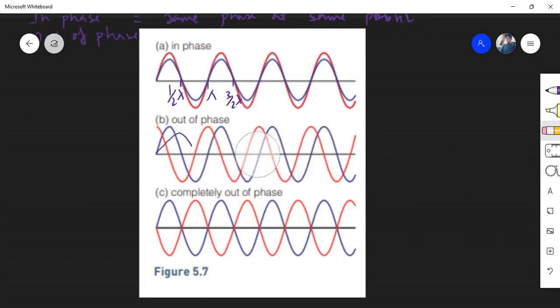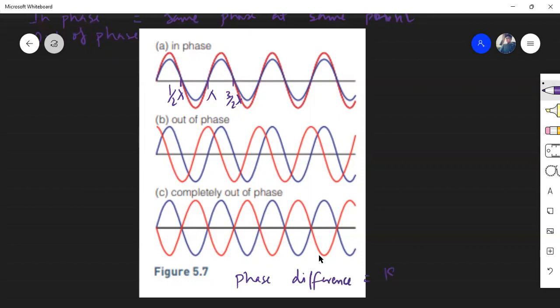Completely out of phase is something you will learn better when we study stationary waves. But for you, completely out of phase is something where the phase difference is 180 degrees. Okay.